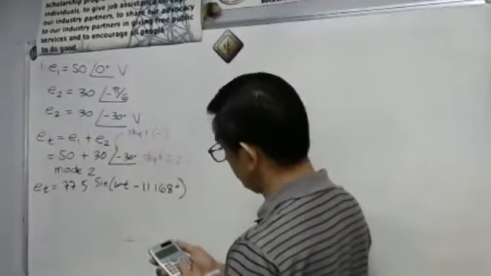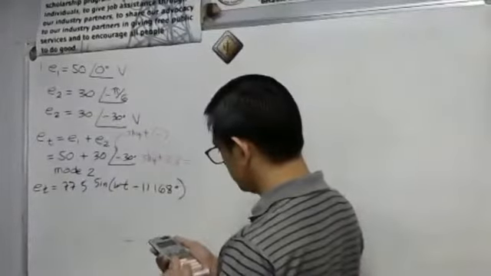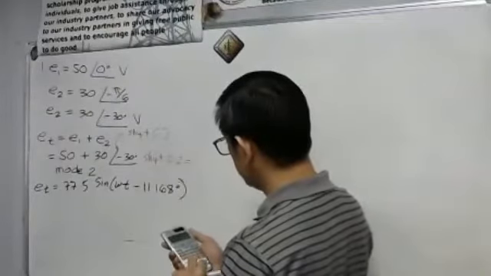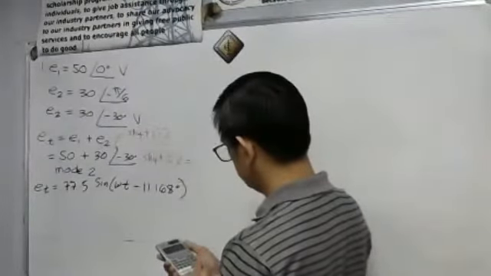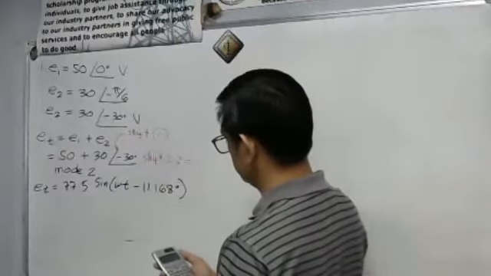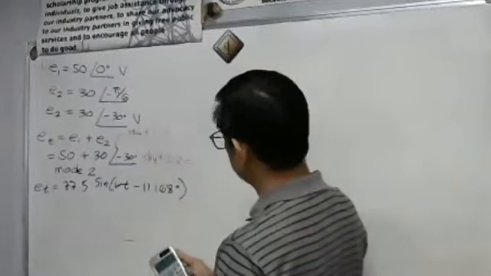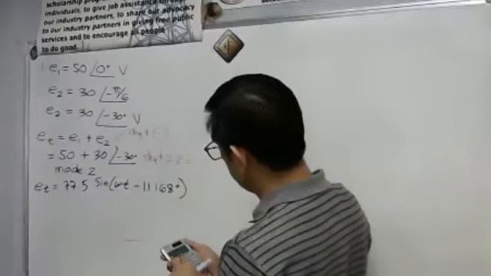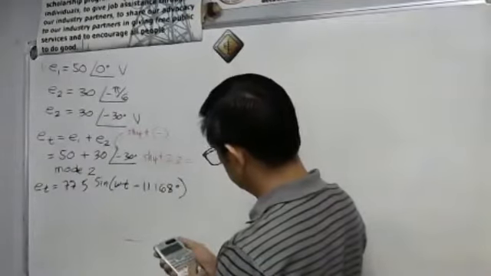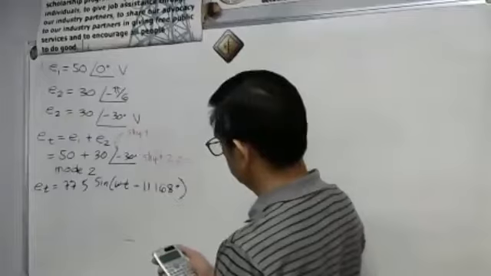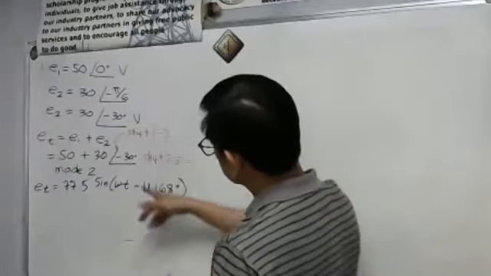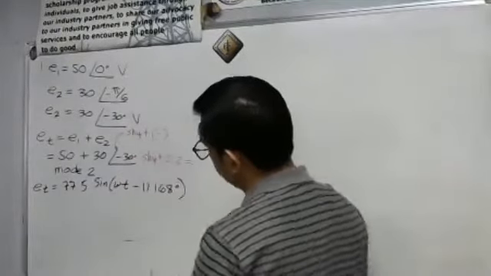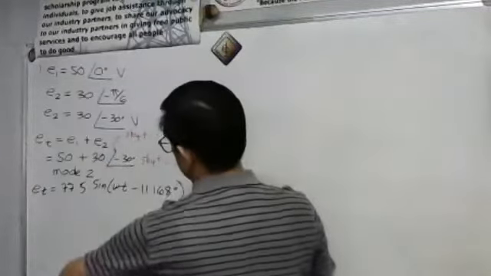So let's double check this one. So 50 plus 30. Shift. Negative 30. Equals. So you just have to press equal so automatic that you will have here your angle. Okay? Or you can press your shift 2, 3 equals. After you press this, you press equals.